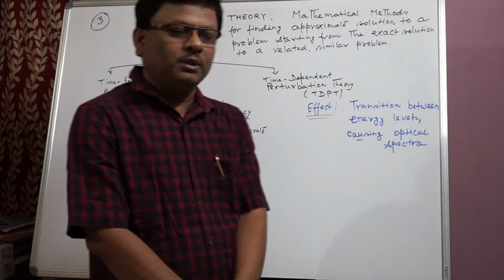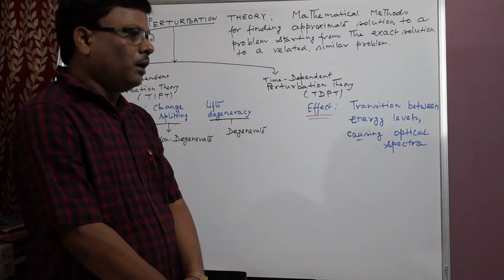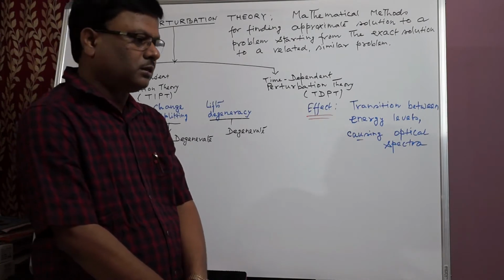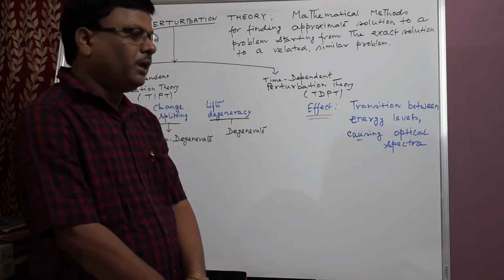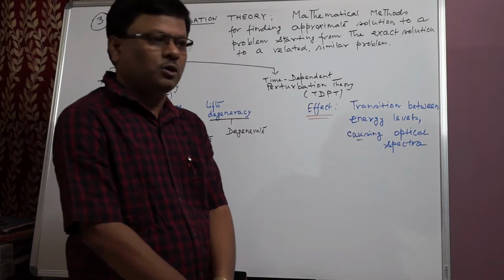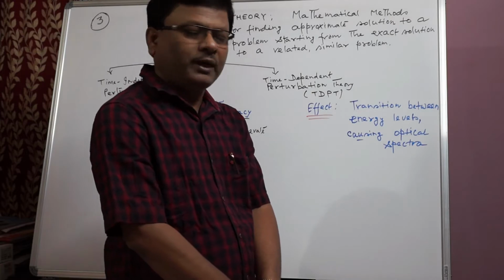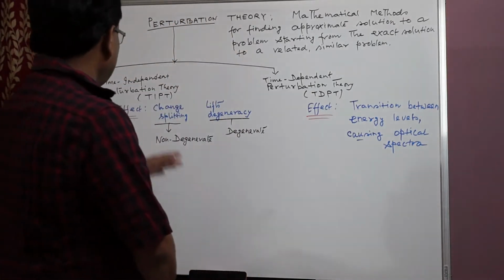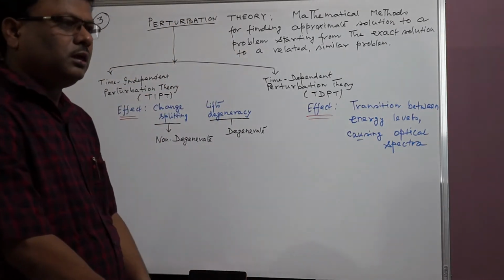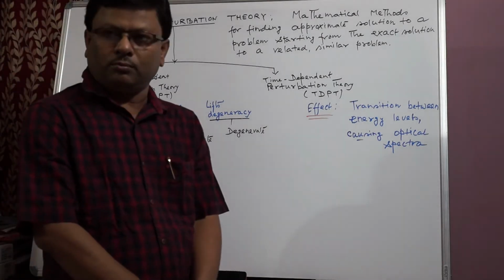Perturbation theory can have two different versions depending on the time dependence of the perturbation. The first one is time independent perturbation theory, in which the perturbation is independent of time.